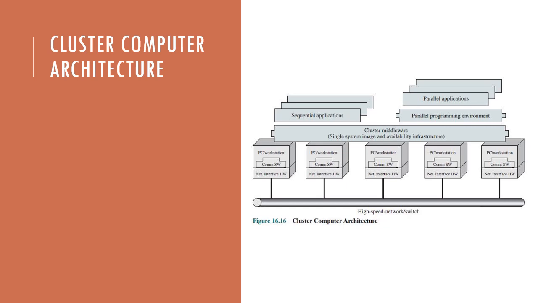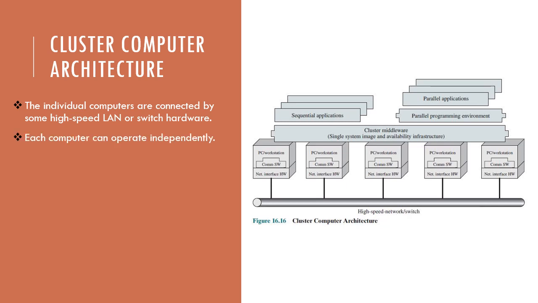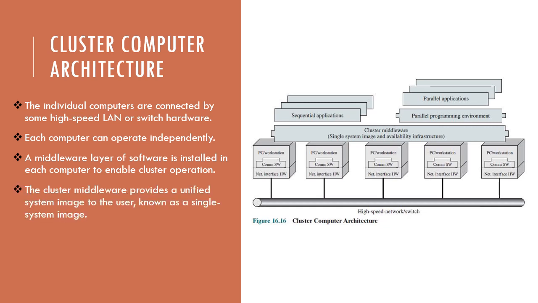Cluster computing architecture. The individual computers are connected by some high-speed LAN or switch hardware. Each computer can operate independently. A middleware layer of software is installed in each computer to enable cluster operation. The cluster middleware provides a unified system image to the user, known as single system image.